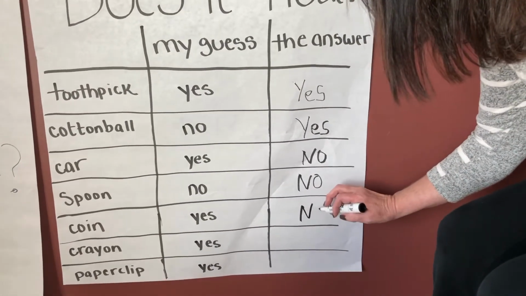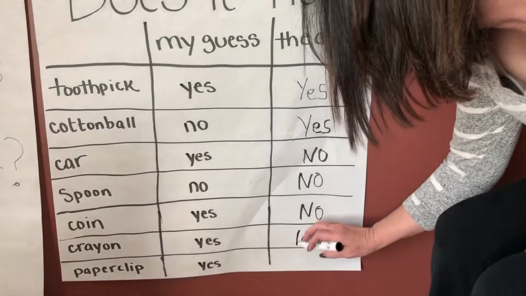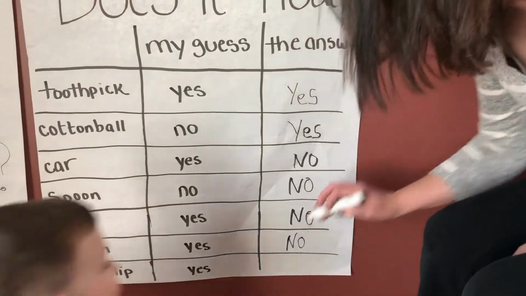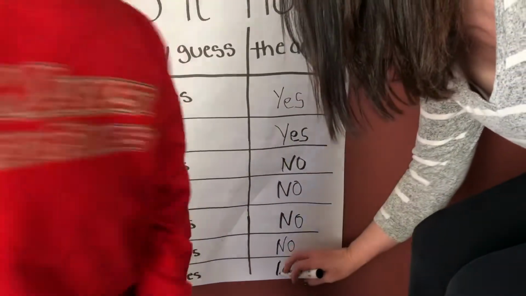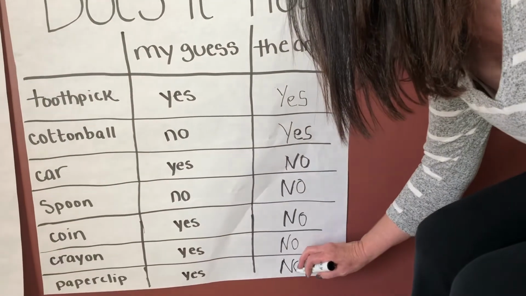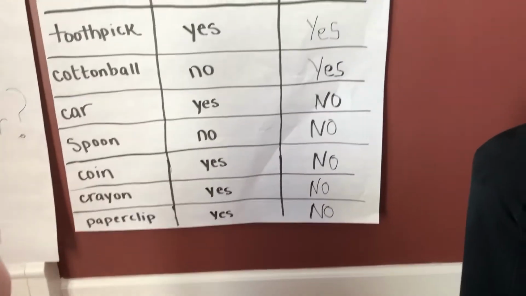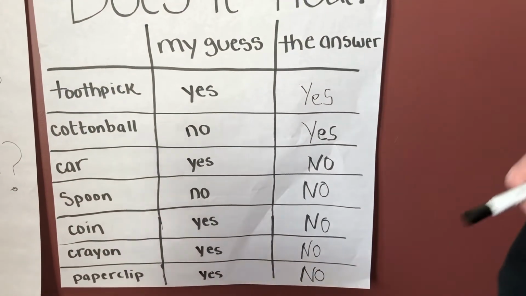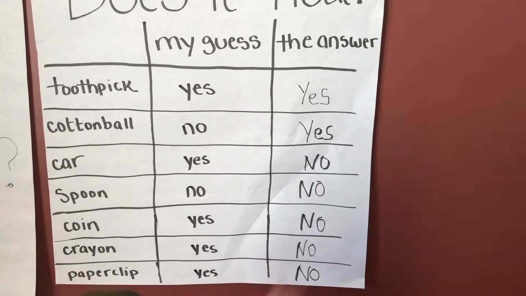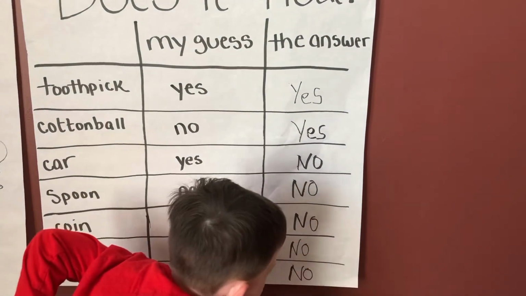No. And did our crayon float? No. And did our paperclip float? No. So our predictions were toothpick for yes, right? Two yeses and no, no, no, no, no.